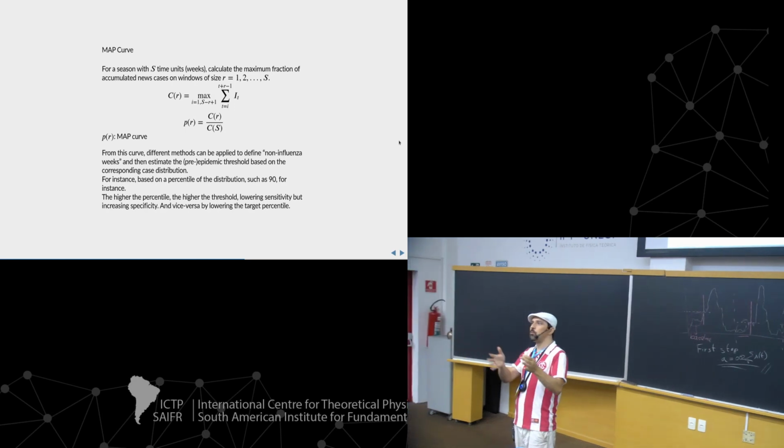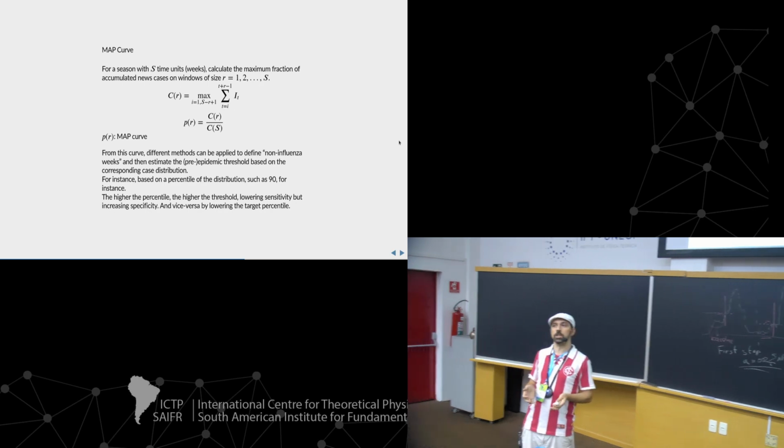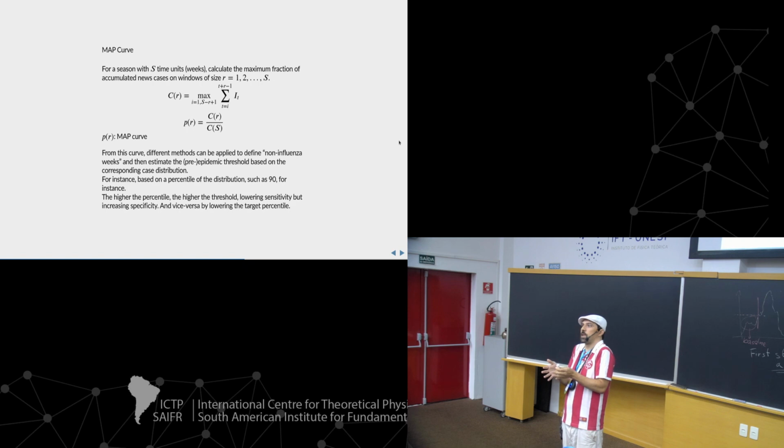So I'll play with windows inside each season to look where I have a higher concentration of cases in a short period of time. So I have to play with window size and accumulated volume within that window size. Of course, the larger the window, the larger the accumulated number of cases. So I have to somehow minimize the window size while maximizing the accumulated number of cases.